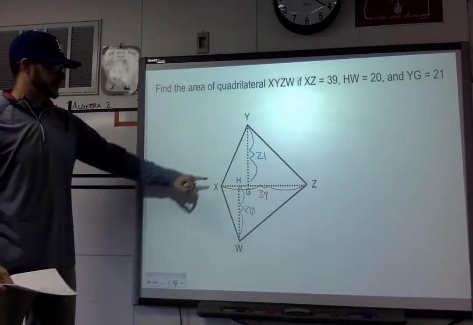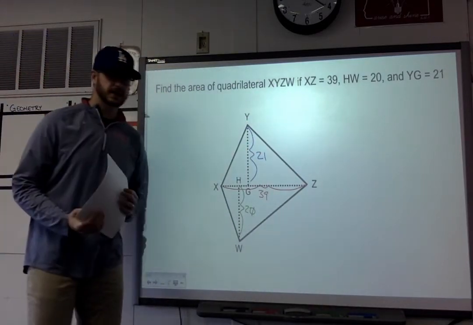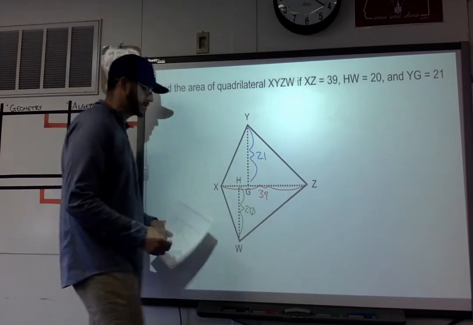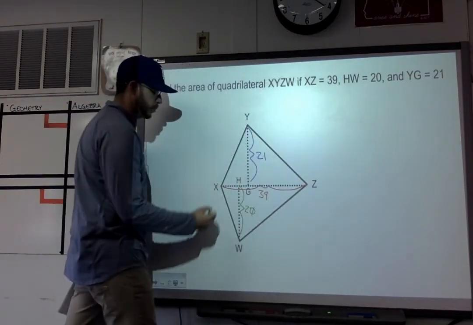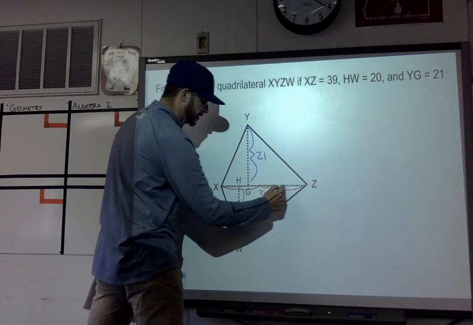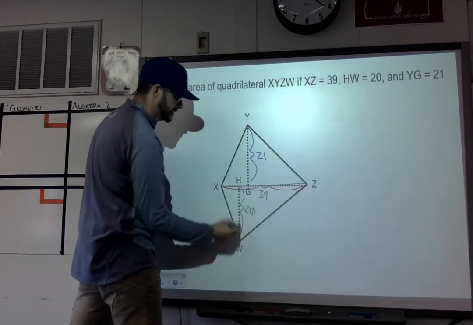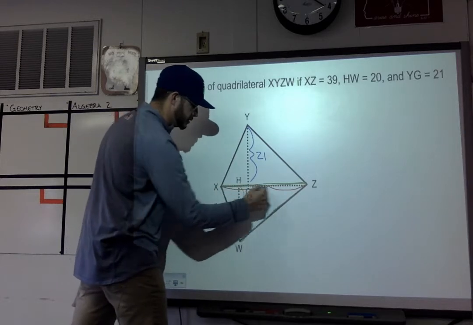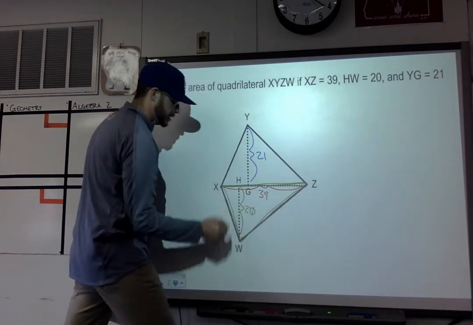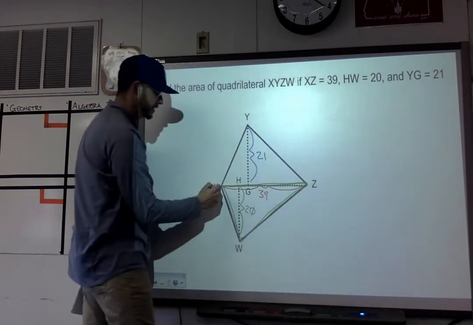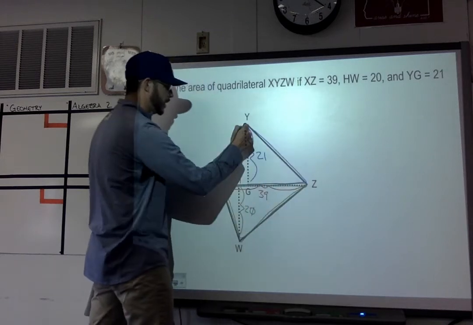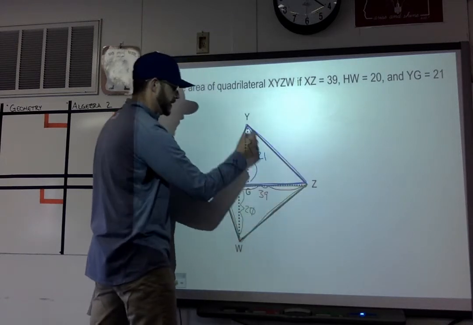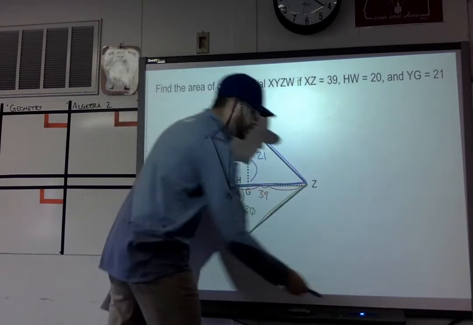Now, looking at this figure, we could break this into 2 separate triangles. I'm going to do triangle XZW in green, and then I'm going to have triangle XZY that I'm going to do in blue here.